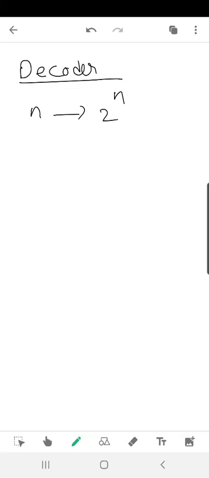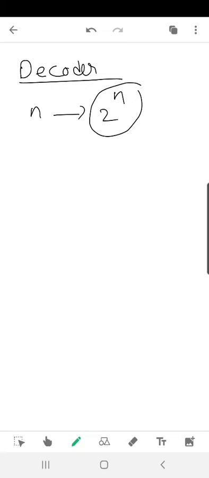Or we can say that a decoder is a device which, when used, selects one of these possible outputs at a time. Okay, we will get only one output at one time. We cannot get all the outputs at the same time.